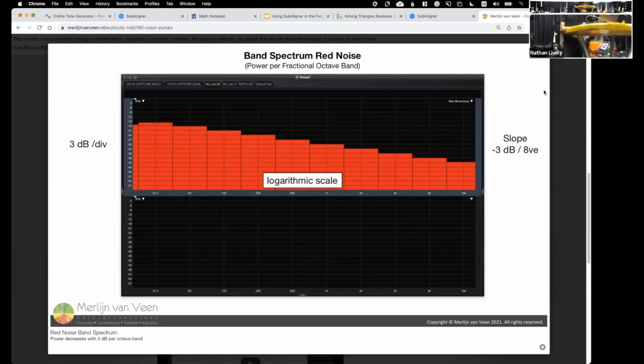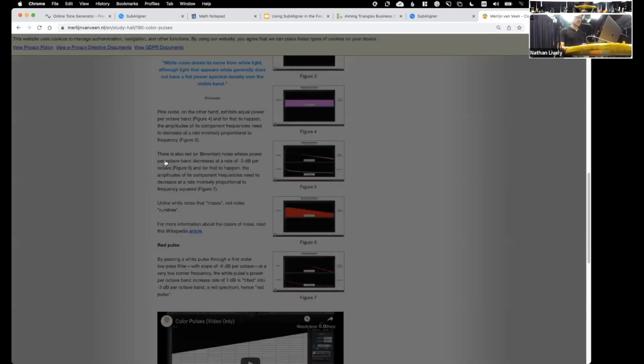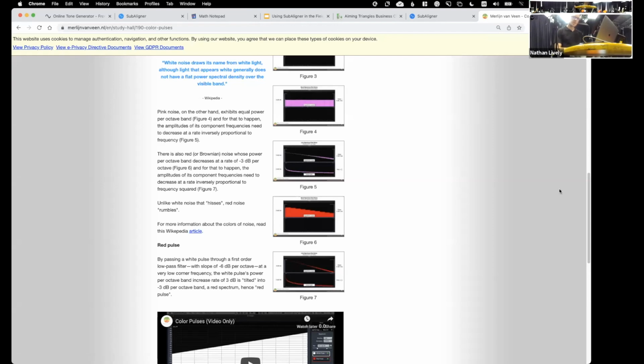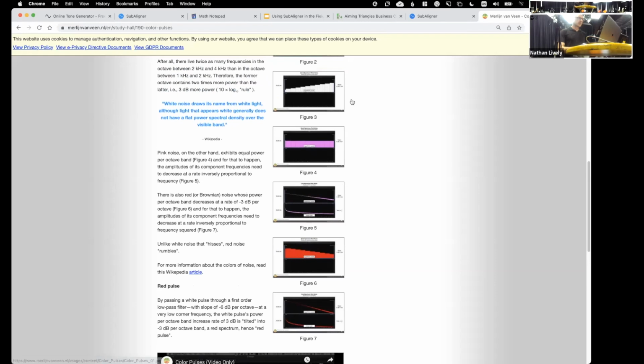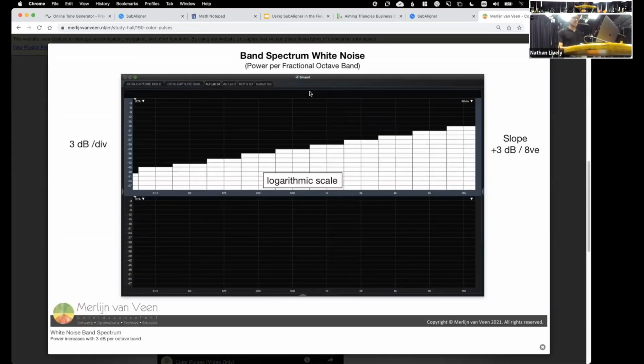So this is red noise, 3 dB per division. So this is the shape it's making when you look at it on a banded scale. And then you asked about white. So white would be equal, white would look like this on the banded scale, right? So there's red versus white.